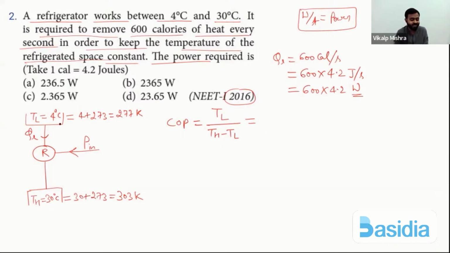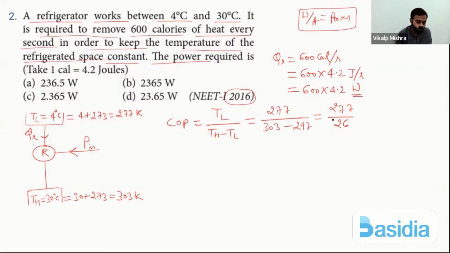But we will not put in degrees Celsius, we will put in Kelvin. So Kelvin 277. TH is 303, and TL is 277. So 303 minus 277, what is the answer? 26. So here it will become 277 divided by 26.